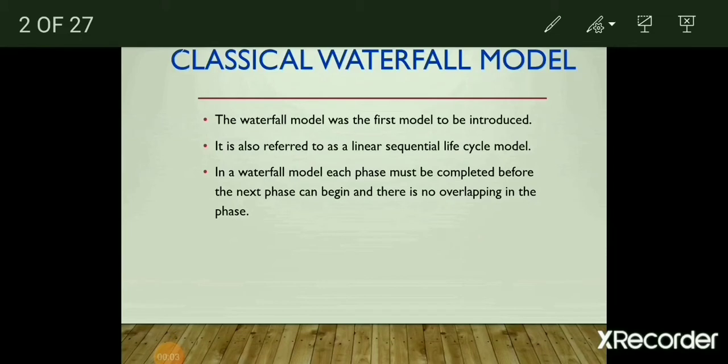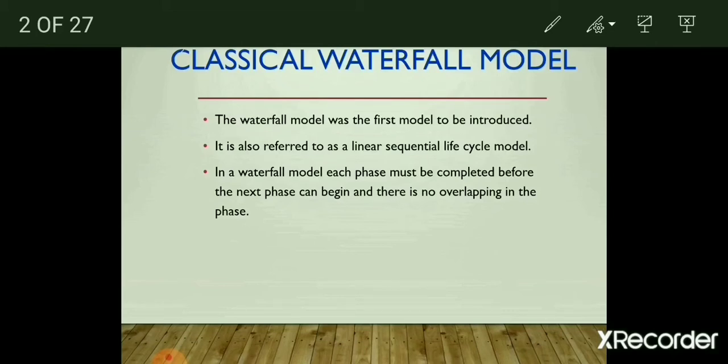The classical waterfall model was the first model to be introduced. It is also referred to as the linear sequential lifecycle model. In a waterfall model, each phase must be completed before the next phase can begin, and there is no overlapping in the phases.